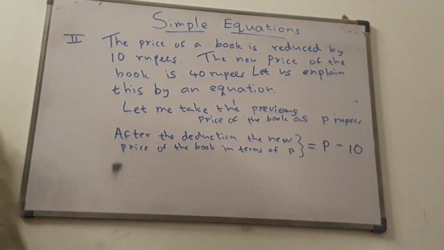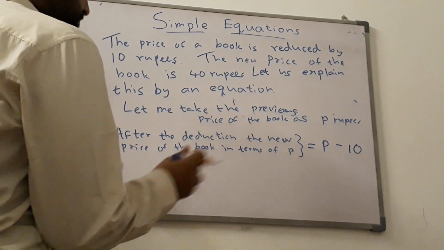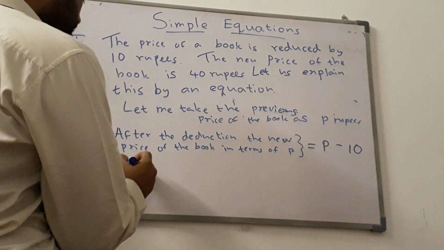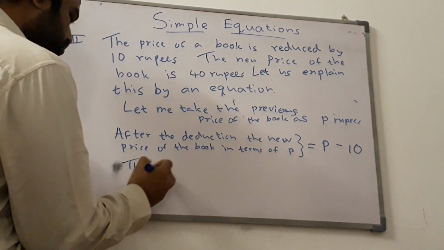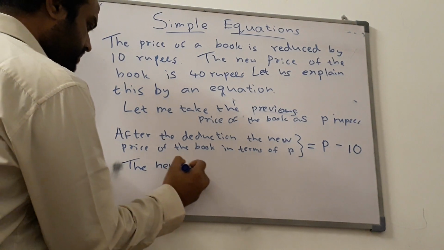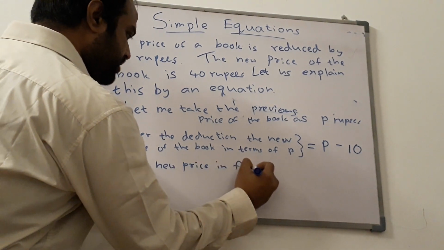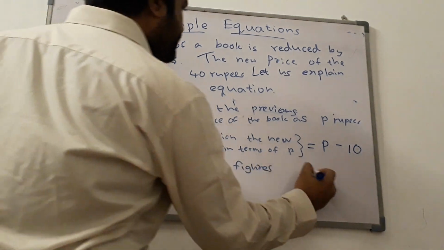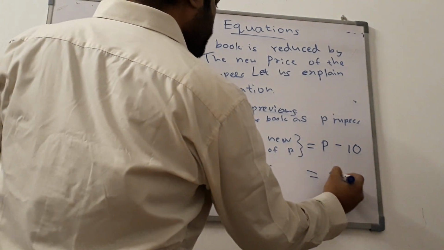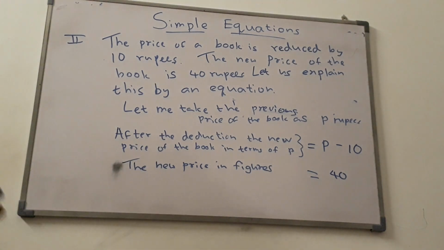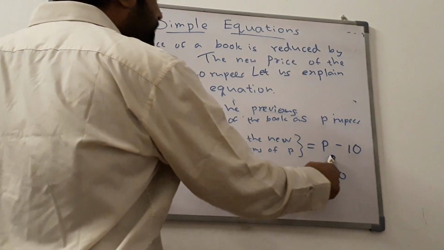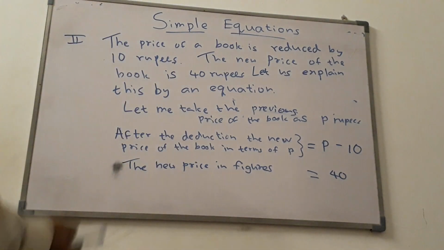And it is also said the new price in figures, that is 40 rupees. After the deduction, the new price of the book in terms of P means P minus 10. Why?